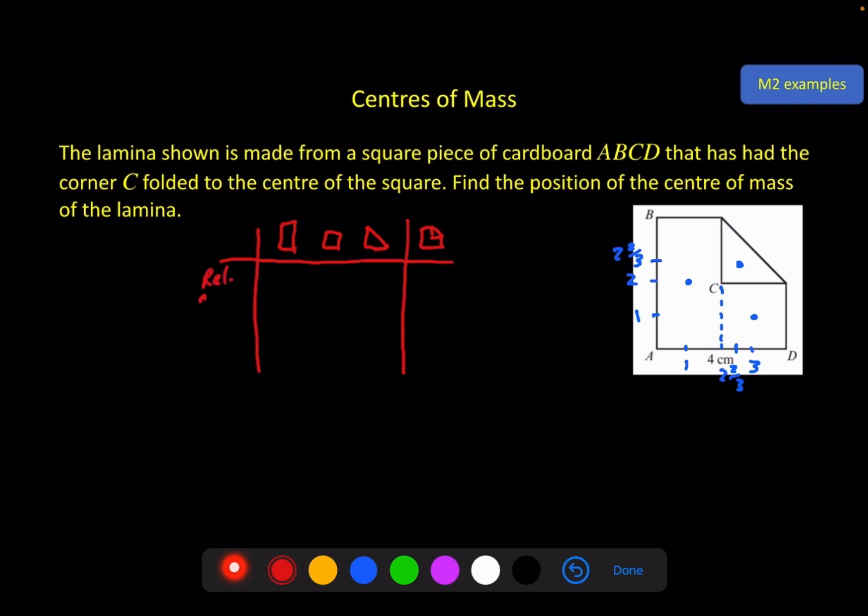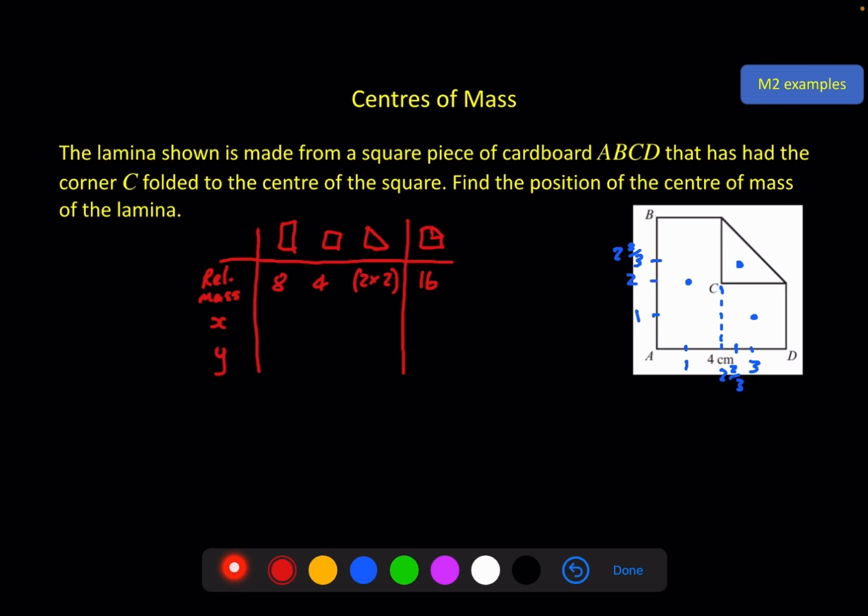Relative mass, the rectangular section, 2 times 4, 8, and the square section, 2 times 2, 4, and the triangular section would be 2 times 2, 4, divided by 2 gives me 2, but because there are 2 layers of this, I'm going to double that to 4. Or you could put 2 times 2. The whole thing then is 16, which of course matches with the original square 4 by 4, 16.